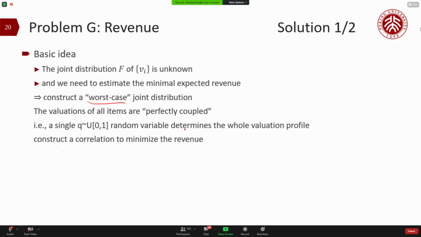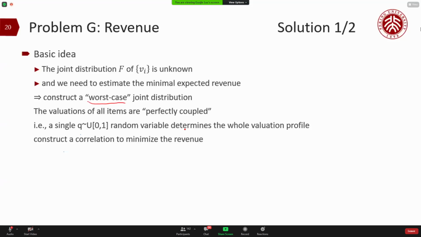The basic idea is that there are many items, right? And the buyer will buy the one with the biggest utility. So we create a correlation such that, for the item with the biggest utility, the buyer buys it.